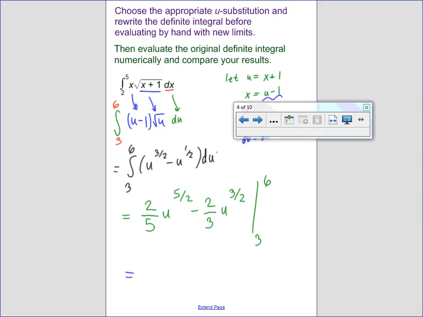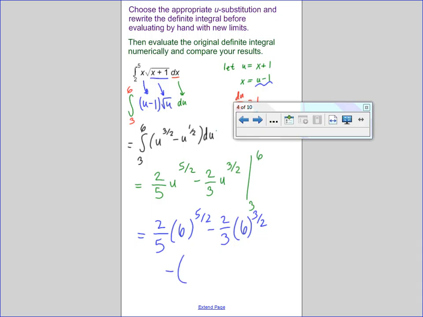So it appears as though we get 2/5 times 6 to the 5 halves minus 2/3 times 6 to the 3 halves, minus, oh goodness, 2/5 times 3 to the 5 halves minus 2/3 times 3 to the 3 halves.